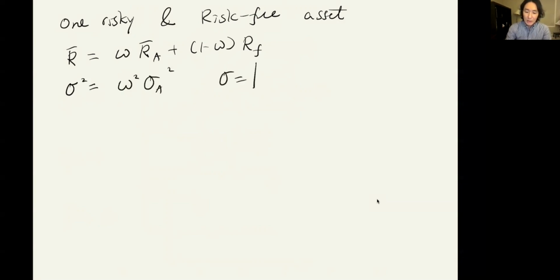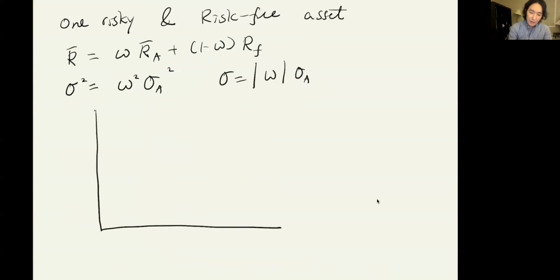Therefore, we get it like that. And you can plot it given R and standard deviation. The intercept is going to be the risk-free rate, and there's asset A.